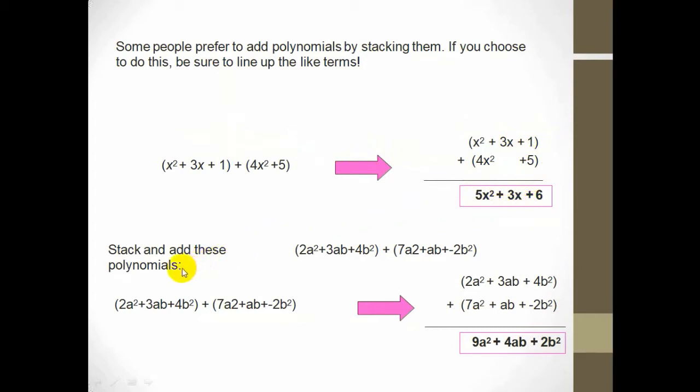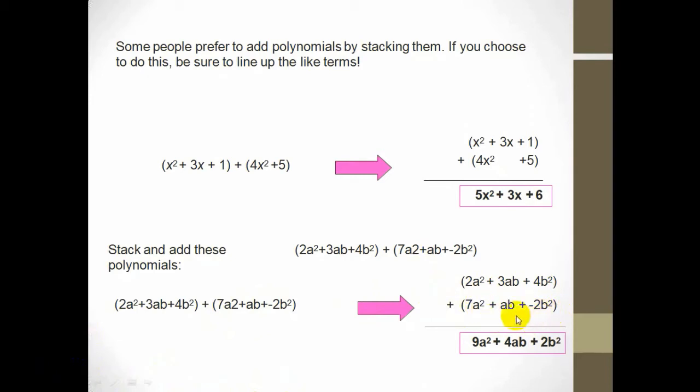Now stack and add these polynomials. 2a square plus 3ab plus 4b square. Add this polynomial to this polynomial, 7a square plus ab minus 2b square. So first of all, write the first polynomial 2a square plus 3ab plus 4b square and add 7a square plus ab minus 2b square.